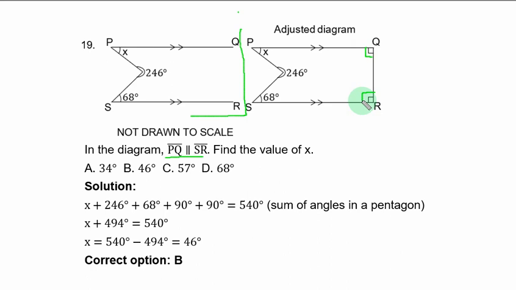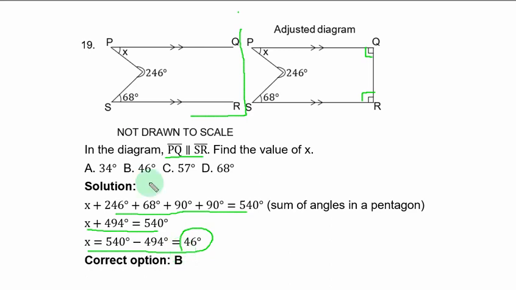That means you have a pentagon. If you add the 5 angles together, the sum is equal to 540 degrees. So you have s plus 494 degrees equal to 540 degrees. Collect like terms. You have s equal to 540 degrees minus 494 degrees, and that is 46 degrees.